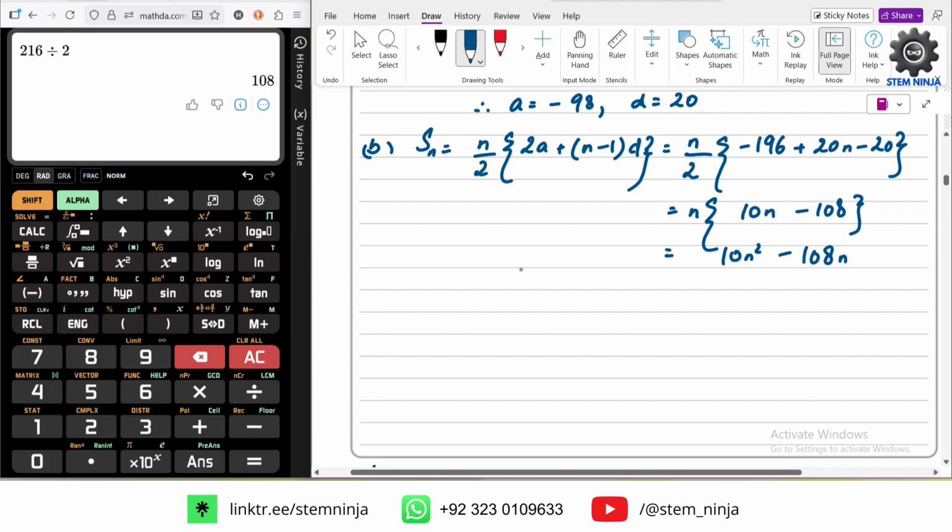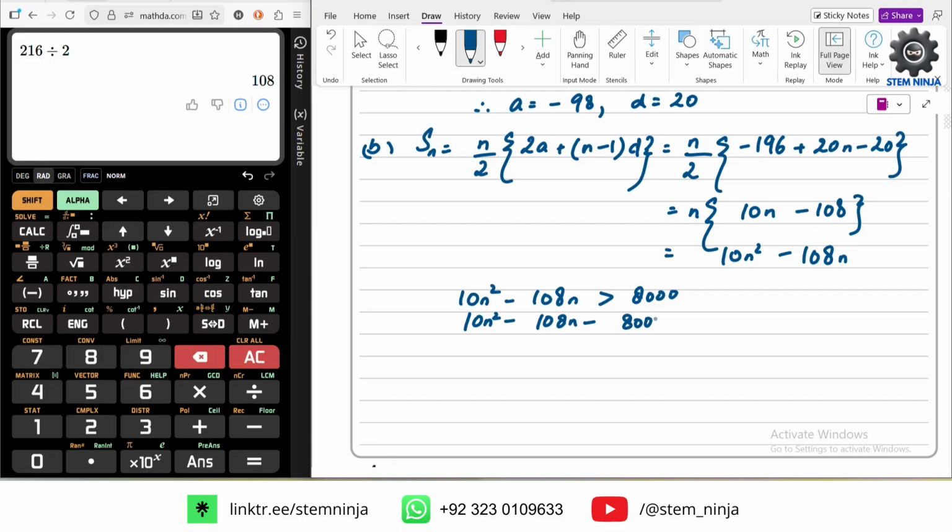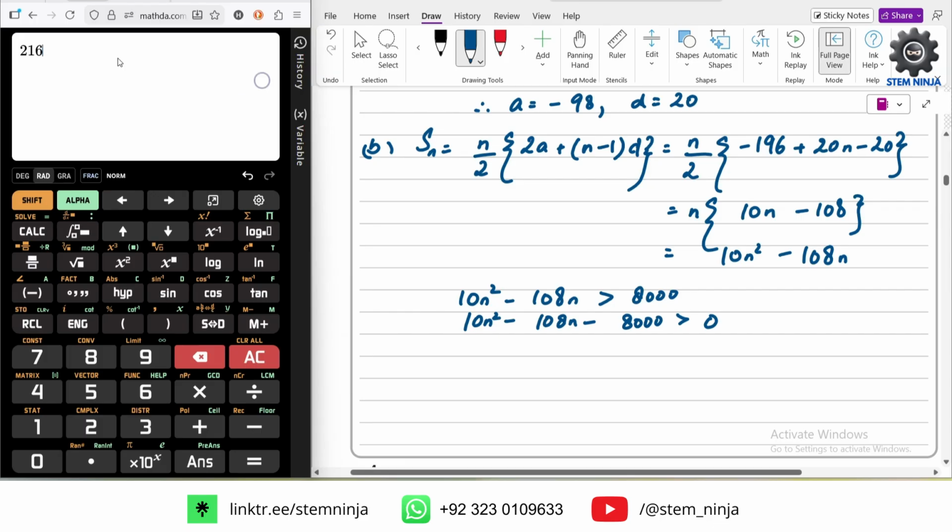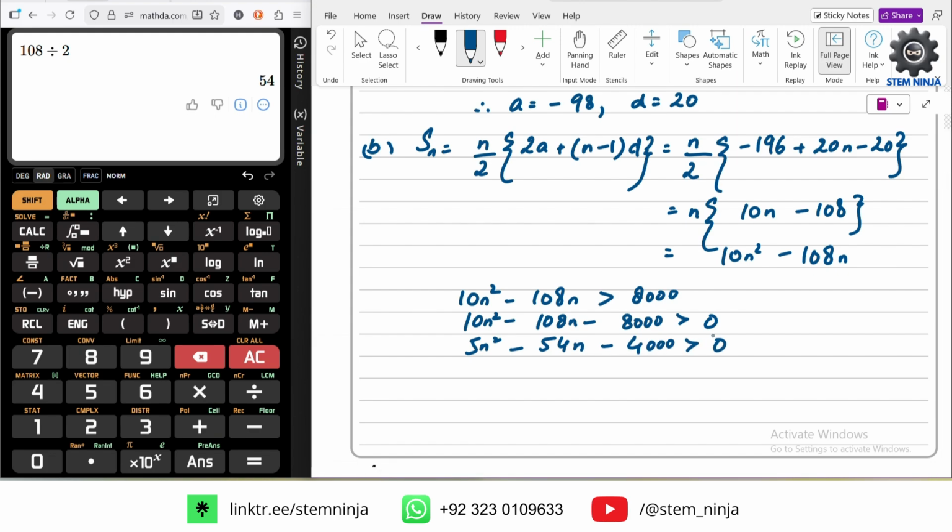So we need this to be greater than 8,000. So when you bring 8,000 on this side, this would become greater than 0. Now, 108 is divisible by 2, but is 108 divisible by 4? It is divisible by 4, but 10 is not. So 5n squared minus 54n minus 4,000 greater than 0.